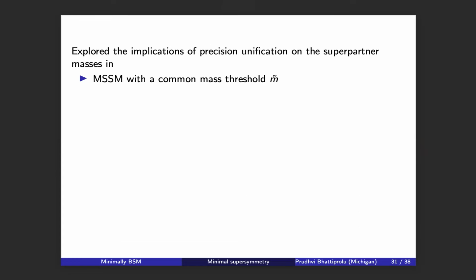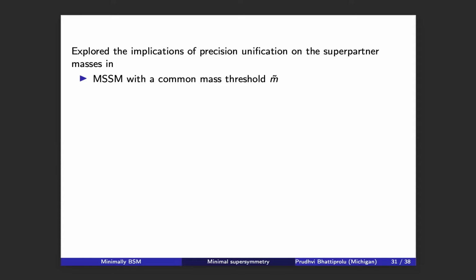So here I'll take the idea of gauge coupling unification very seriously, and then try to understand what it implies for superpartner masses in order to achieve precise gauge coupling unification. I'll do it in three scenarios.